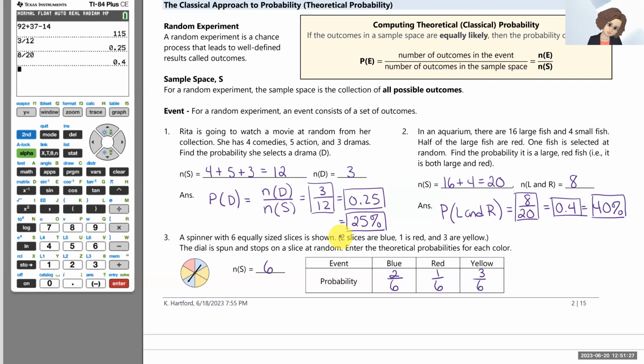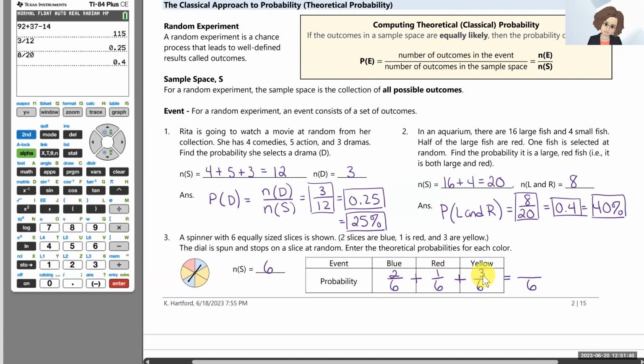And then I'll make a note here that will be important to us later, that when we add those values together, we have a common denominator of 6. So when we're adding fractions, the common denominator stays the same. And then when you add the numerators, 2 plus 1 plus 3 is 6.